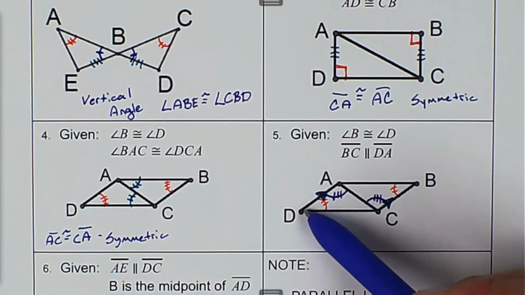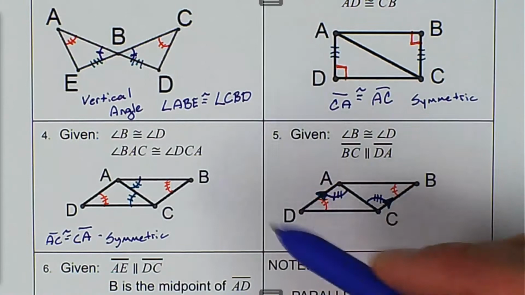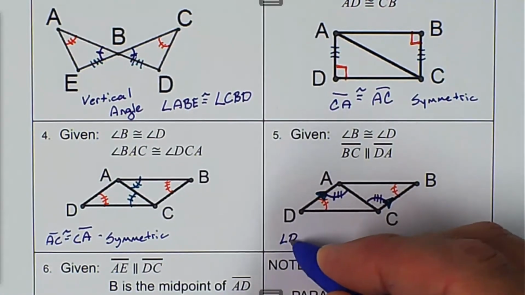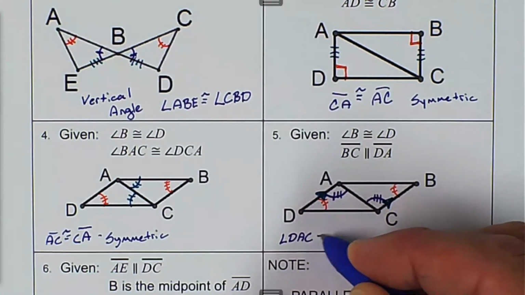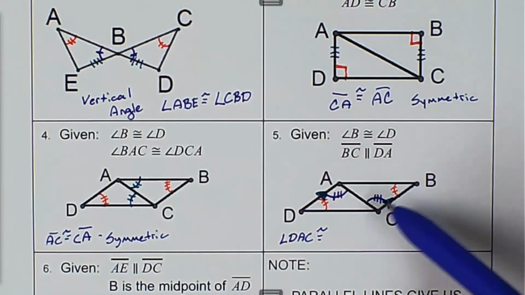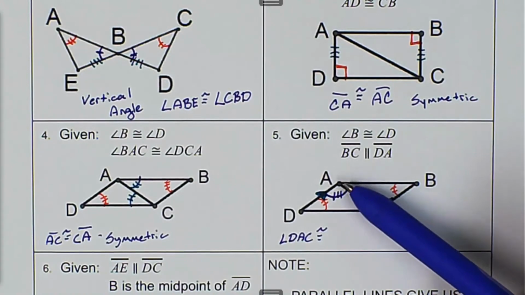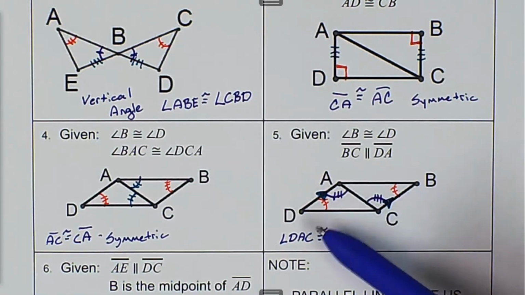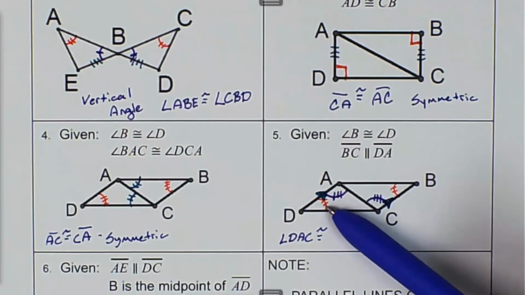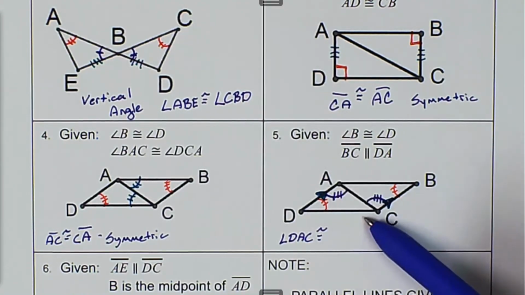So angle DAC is congruent. Now, we can see that it's going to be this angle here. We started with D, which has the 2 congruent marks, and then go to the angle, so DAC.